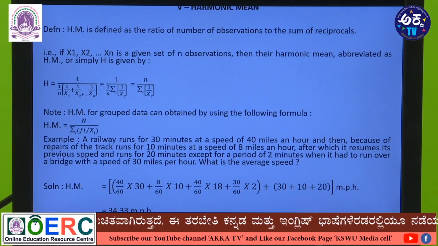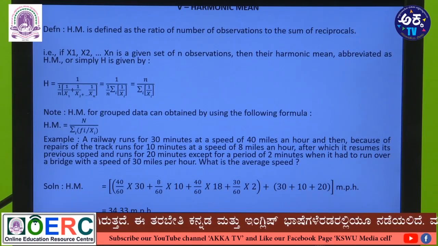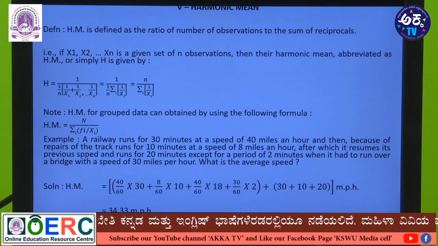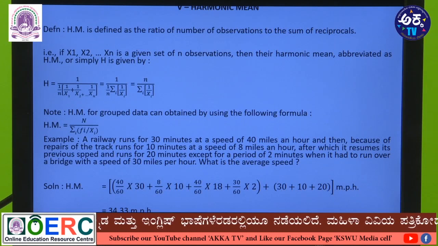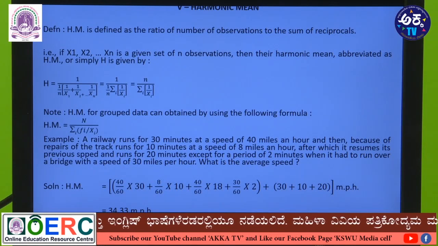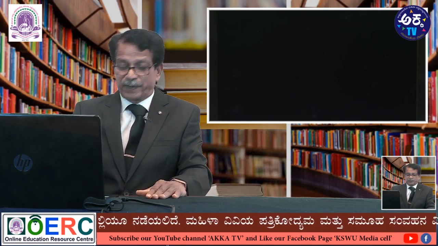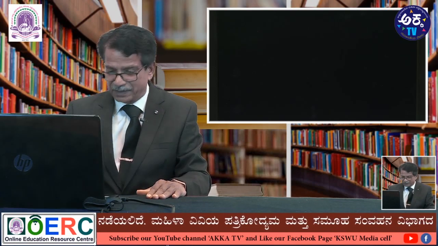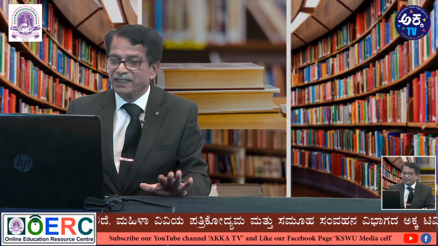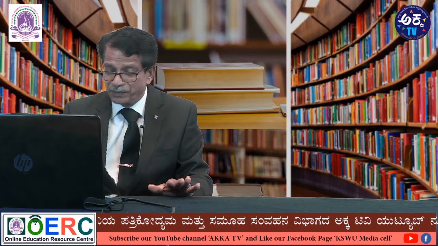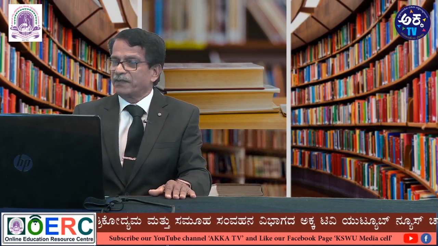This is with a caution. Once again, let me remind the listeners, candidates, that harmonic mean is applicable to the data which represents speed. With this, I would like to thank all the aspirants of KSET examination, that while working on averages, kindly see that arithmetic mean is applicable only to the quantitative data measured on ratio scale or interval scale.